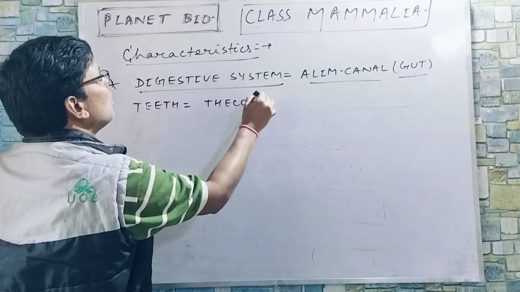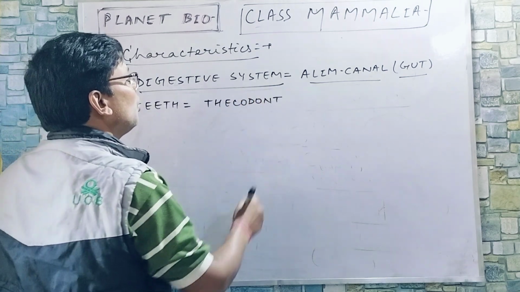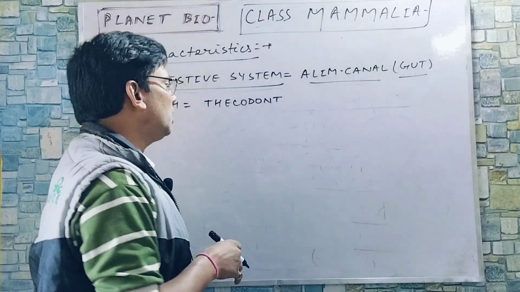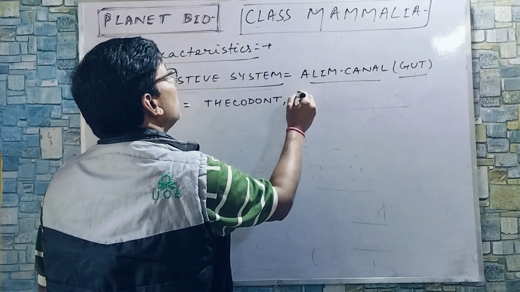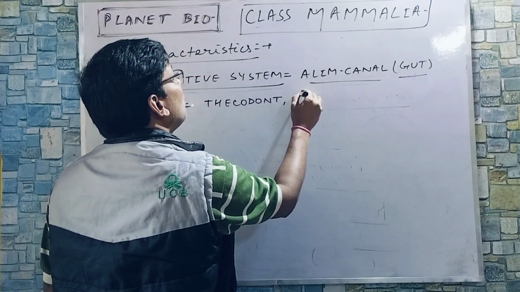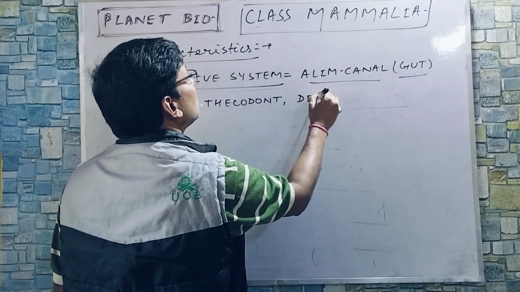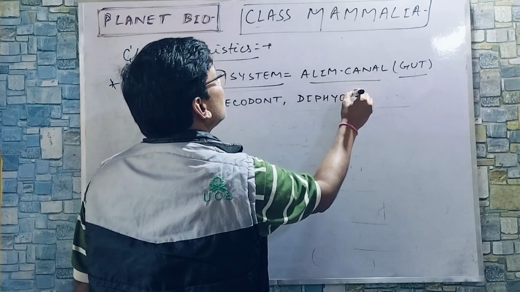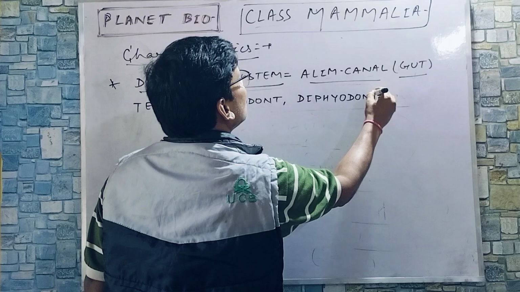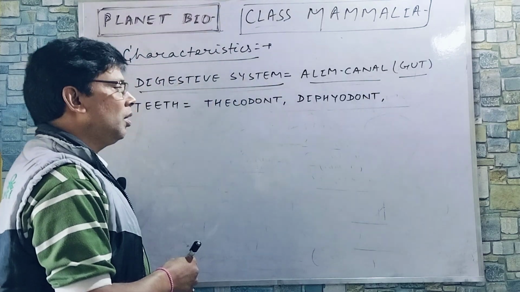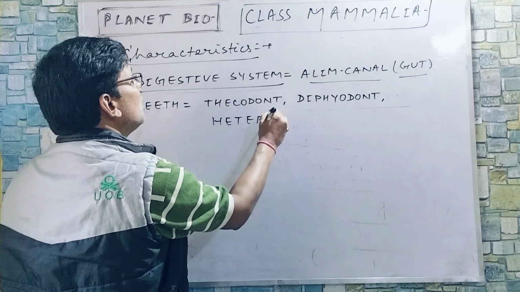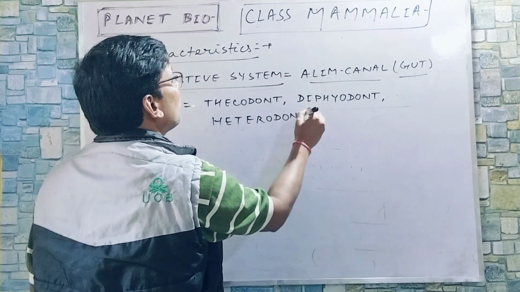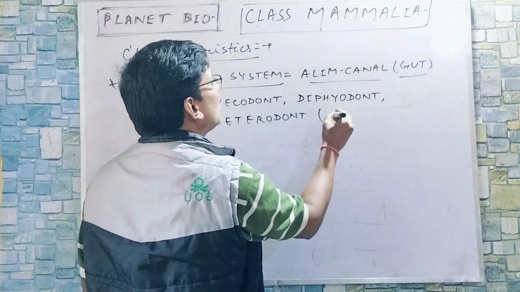Thecodont means well set, deeply rooted in the jaws, and diphyodont, appear twice. Heterodont means you can see teeth of dissimilar sizes and shape.